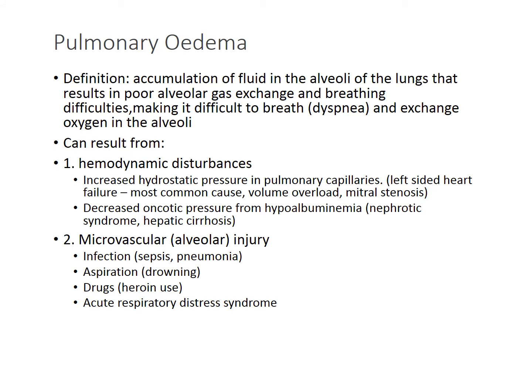Now we go on to the topic of pulmonary edema. Pulmonary edema is defined as accumulation of fluid in the alveoli of the lungs. This results in poor alveolar gas exchange and breathing difficulties, making it difficult to breathe and exchange oxygen in the alveoli.